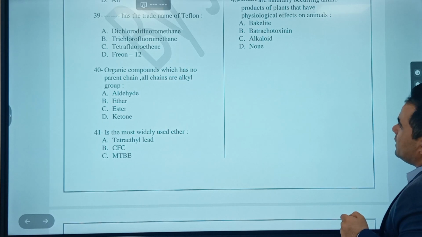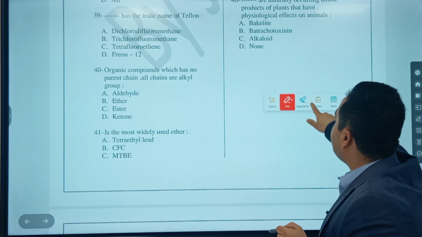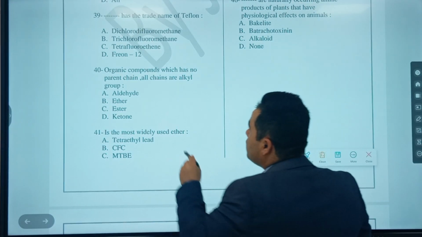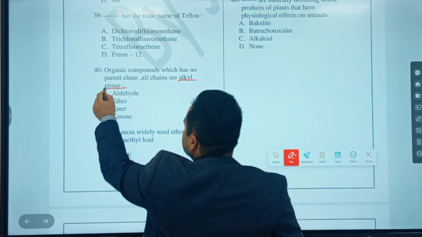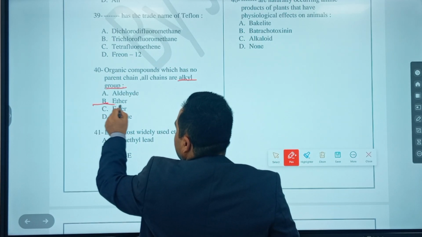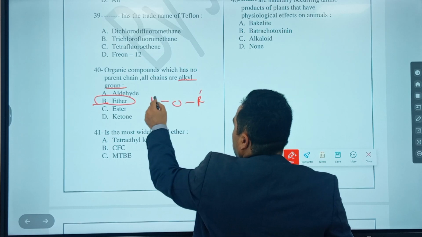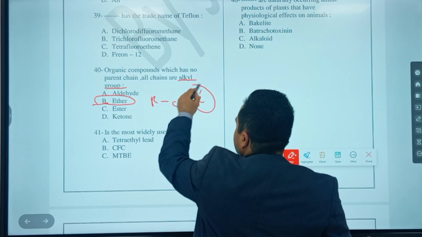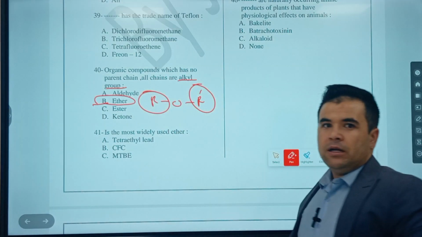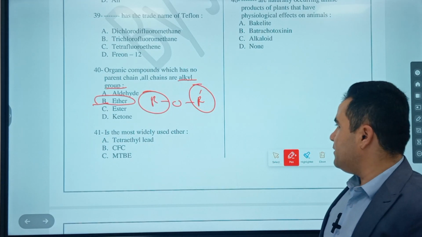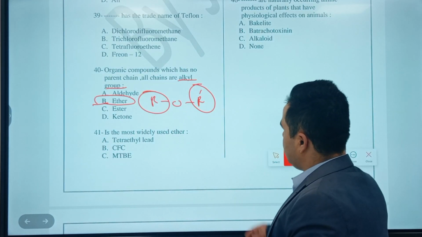An organic compound which has no parent chain, all chains are alkyl groups. This is the ether, guys. The ethers have all of them becoming alkyl groups. There is no parent chain, is what we mean.